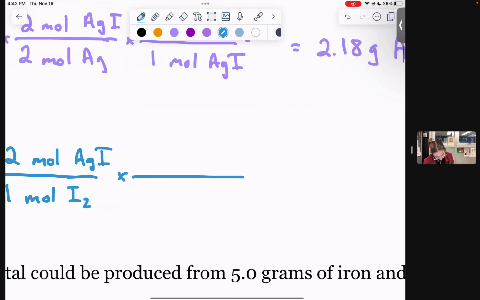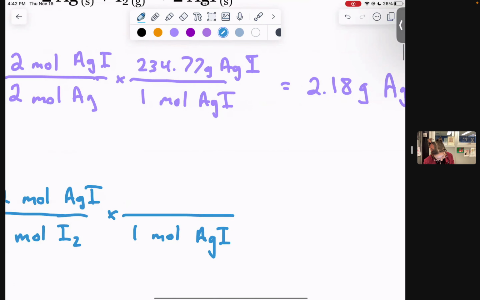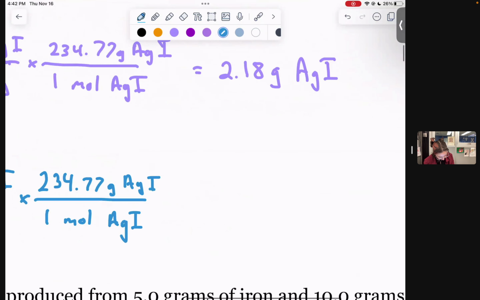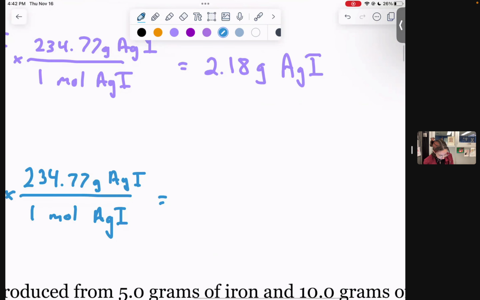And finally changing it into grams because that's what the problem asked for. So if I multiplied all across, I would get this many grams of silver iodide.